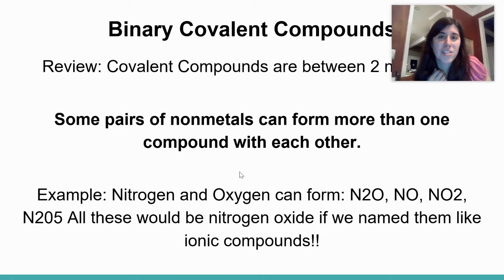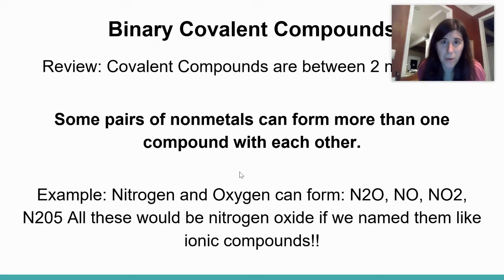So nitrogen and oxygen are 2 nonmetals, and they can bond covalently to form the molecules NO, N2O, NO2, N2O5. All of these deal with nitrogen and oxygen. If we were using the same rules as ionic, they would all be called nitrogen oxide, but they're all different. That would be like me calling all of you Nancy.